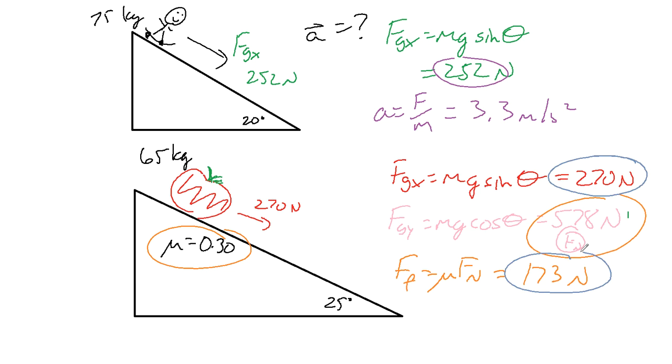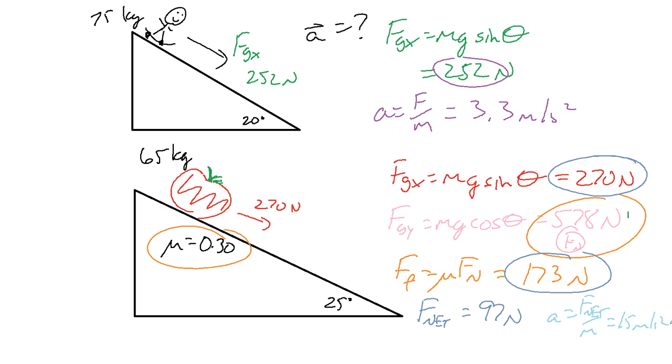If I take those two and subtract them, I get my net force, the difference between the 270 and the 173, which leaves me a net force of 97 newtons. Then the acceleration is net force divided by mass, so I divide that 97 by the 65, and I get about 1.5 meters per second squared.